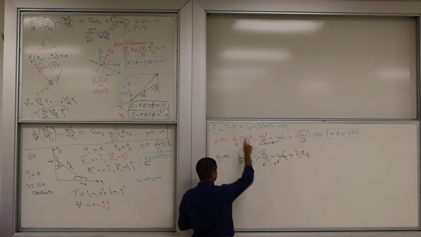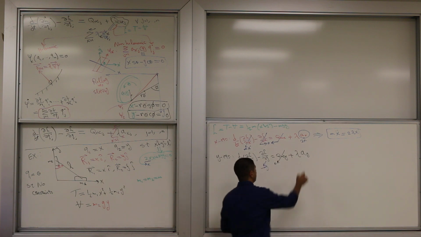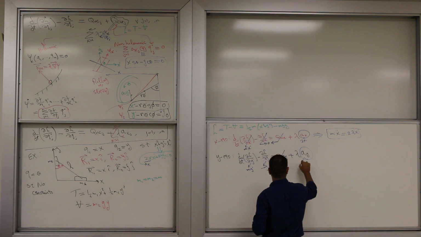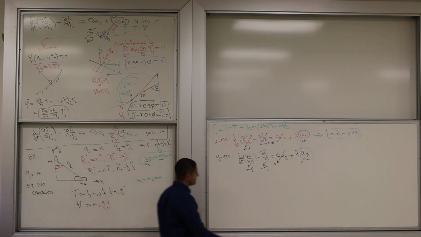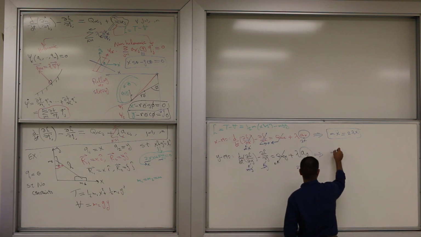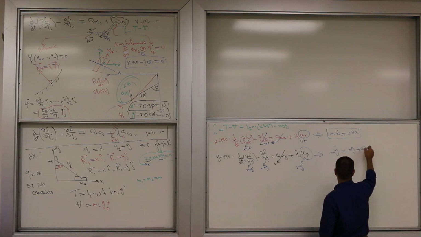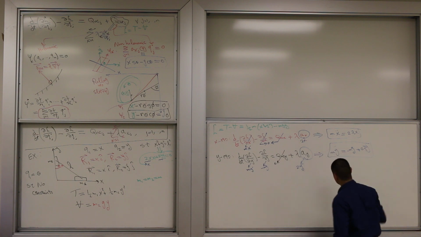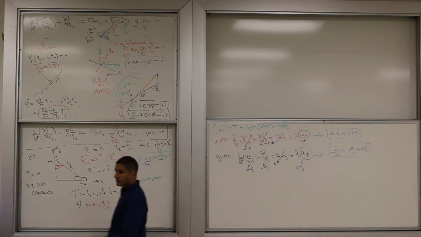Partial L, partial y: there is some y dependence here. This is negative mg. And this is the coefficient of y dot from the constraint, it's 2y. So this equation gives you m y double dot equals negative mg plus 2 lambda y. Any question about that, please?